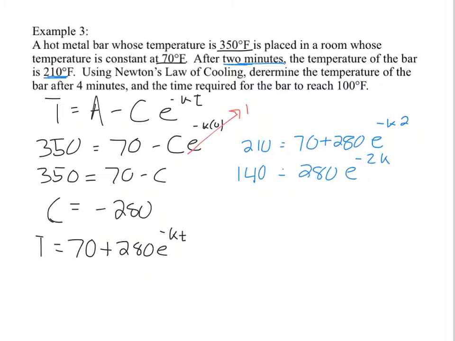Just going to flip around. Negative k times 2 is negative 2k. So we have 140 equals 280 times e to the negative 2k. We divide by 280, which is just 1/2, equals e to the negative 2k. So the natural log of both sides means that ln of 1/2 equals negative 2k.